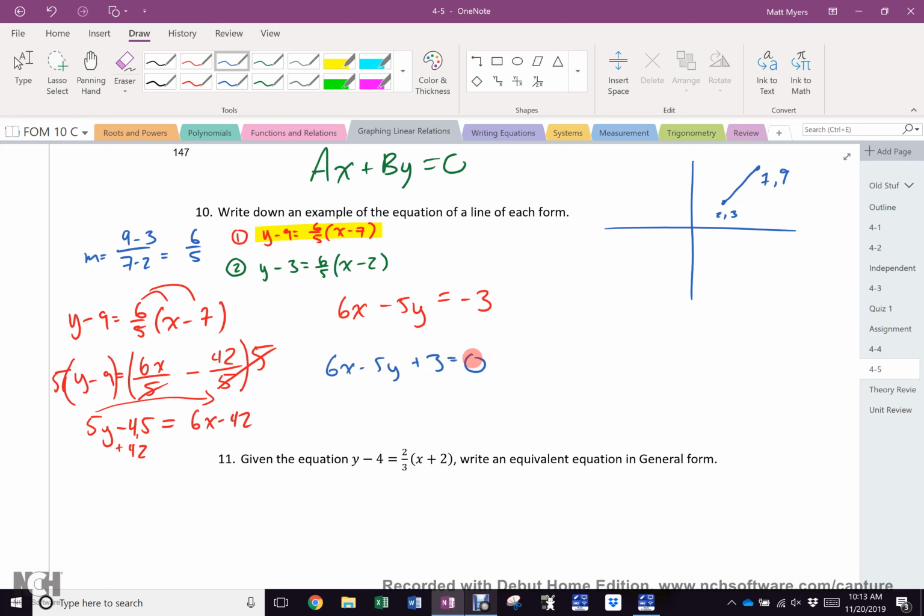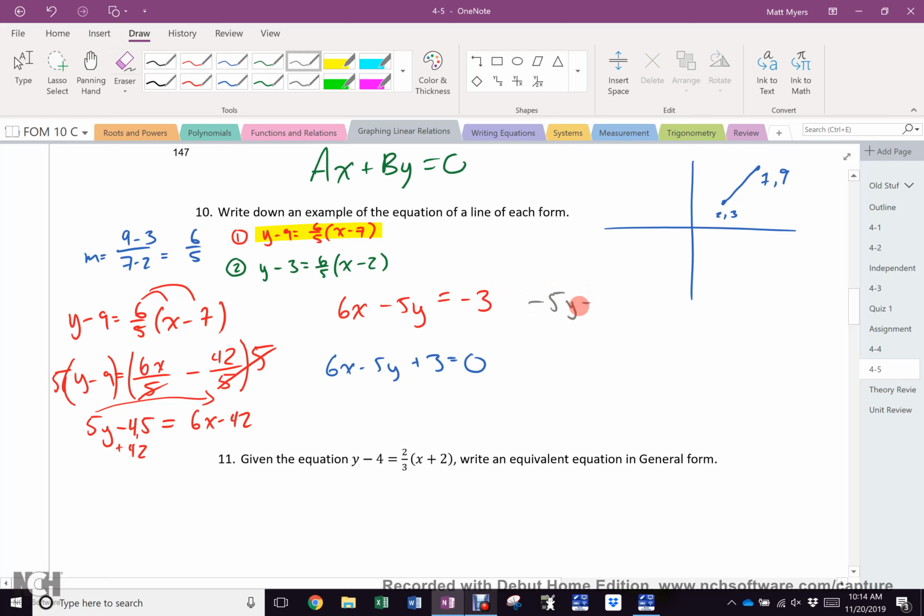And how do I make any of those slope-intercept form? What do I have to do to get slope-intercept form? What has to be by itself? The y. Which one of these is the easiest one to work with to get y by itself? Red, blue, or green? I wouldn't want to do green. Red would be really easy to work with, wouldn't it?